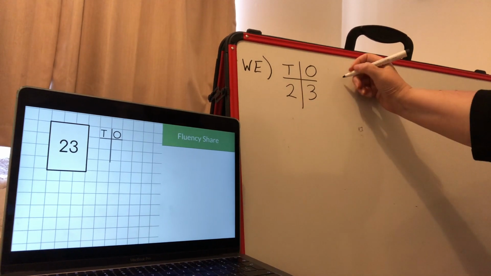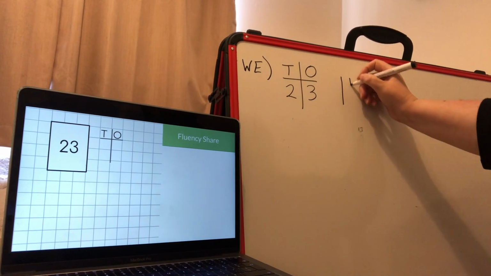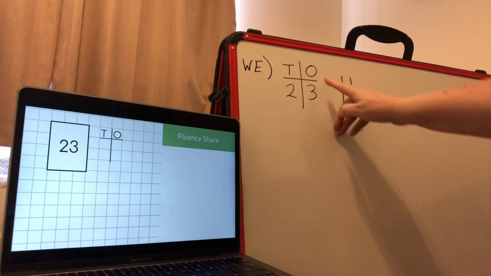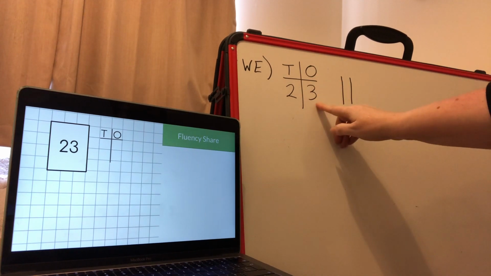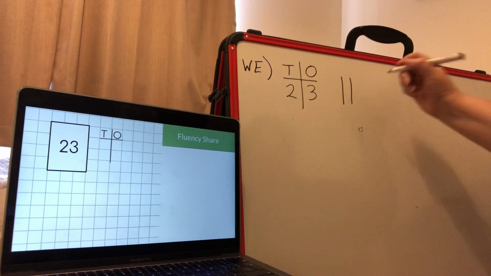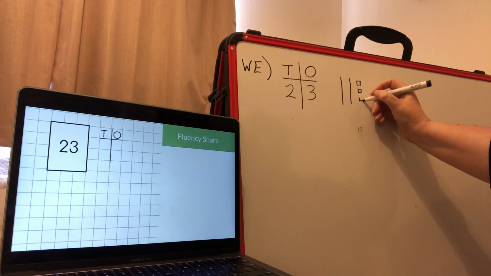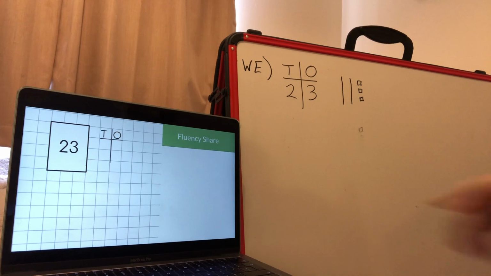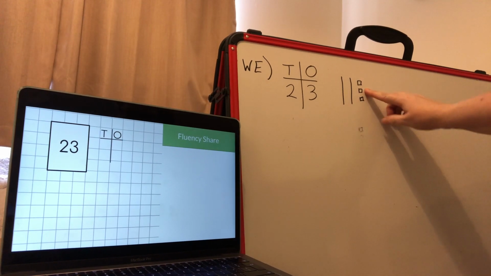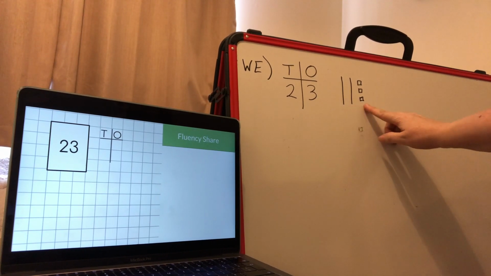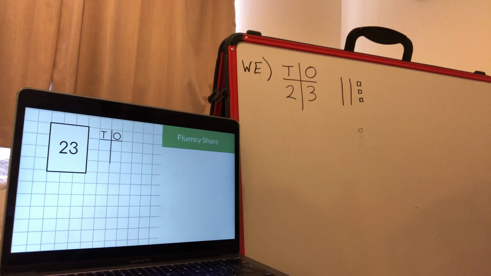So let's all draw 2 tens. 1, 2. And then O for ones, how many do we need? 3. Let's draw 3 ones. 1, 2, 3. So this makes 10, 20, 21, 22, 23 from 2 tens and 3 ones.